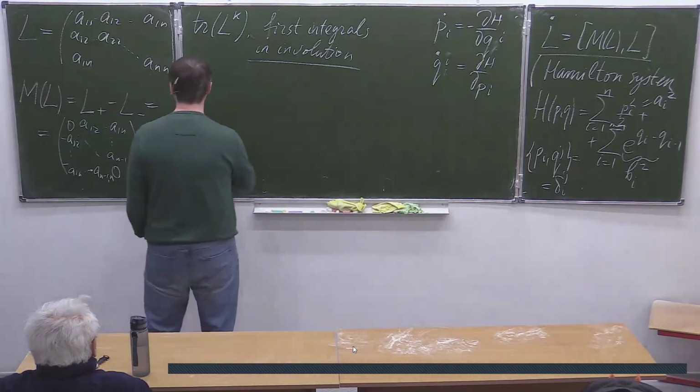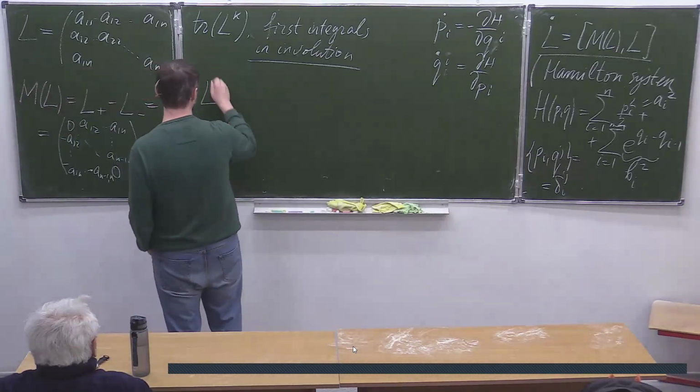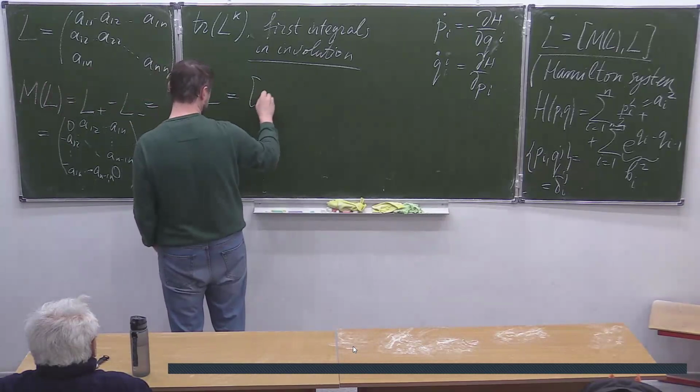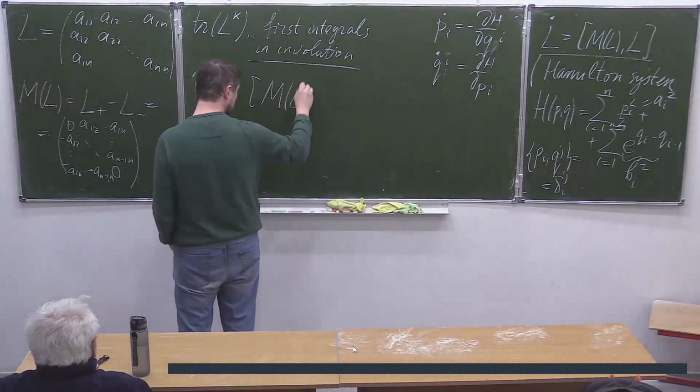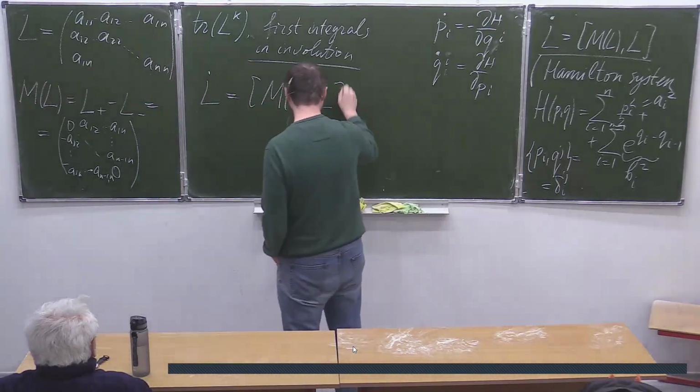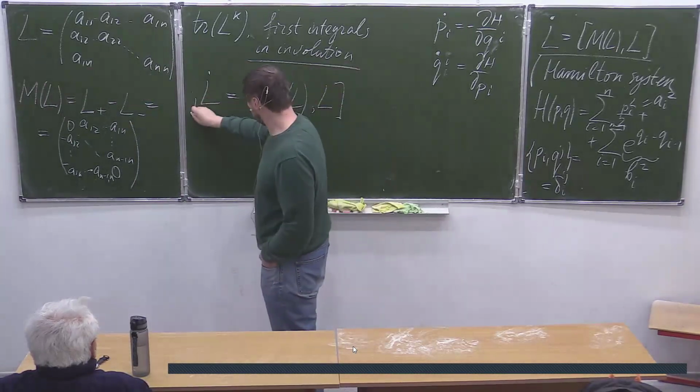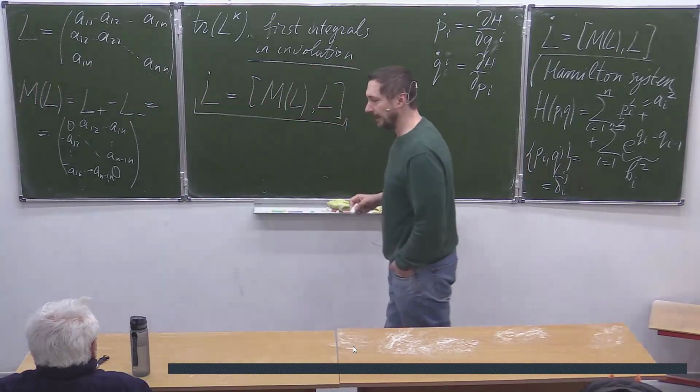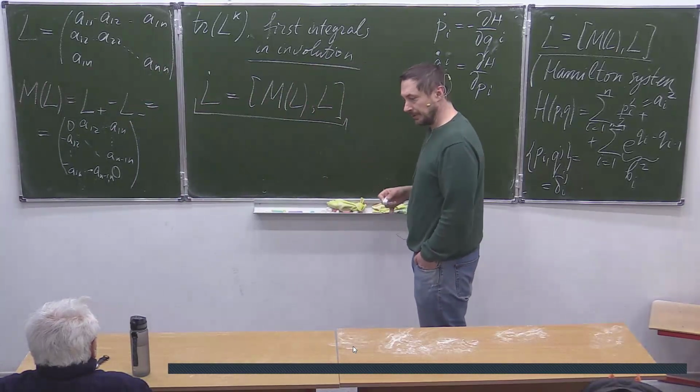Since the commutator of any symmetric matrix with a skew-symmetric matrix is symmetric again, one can see it easily, we can consider this kind of equation. It is well defined. There is no ambiguity here.